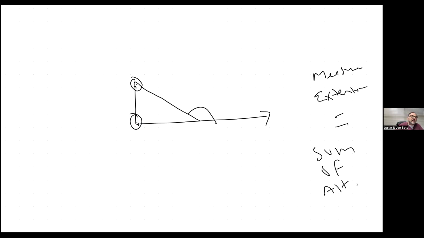The other two interior angles added up are going to be the same as the exterior angle, the supplement of the third angle. That's another way to word it.